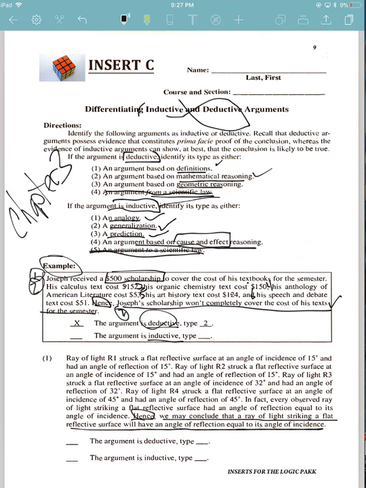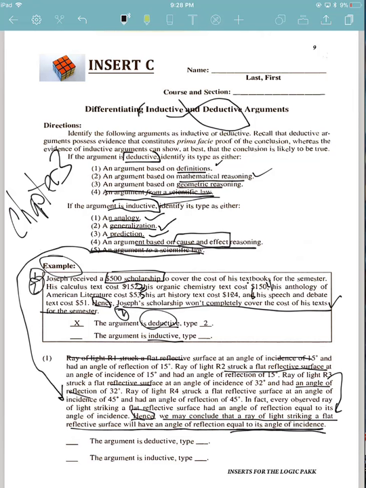And here what you really have is a ray of light struck a flat reflective surface at an angle of this, and it had an angle of that. It goes through a series of those, and then therefore it's coming to this, which is saying we may conclude that a ray of light striking a flat reflective surface will have an angle of reflection equal to its angle of incidence.